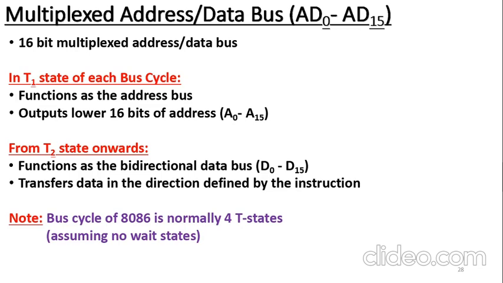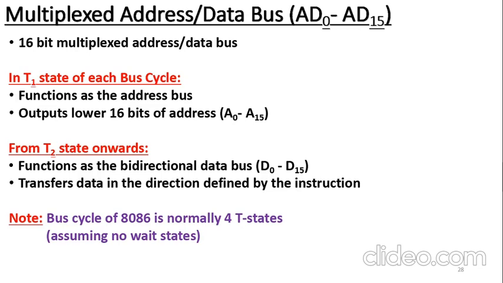Now, why do we need to insert wait states? Wait states need to be inserted for the operation of slower devices like memory devices or slower I/O devices. In that case, the operation of that bus cycle cannot be completed within the stipulated 4 T states. That's why some additional T states are inserted between T3 and T4, in the form of wait states. Always an integer number of wait states is inserted for the slower speed device.